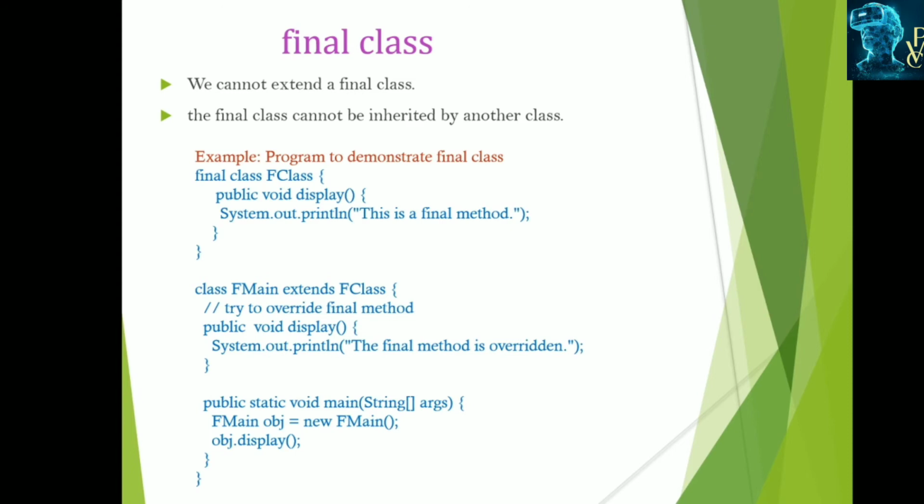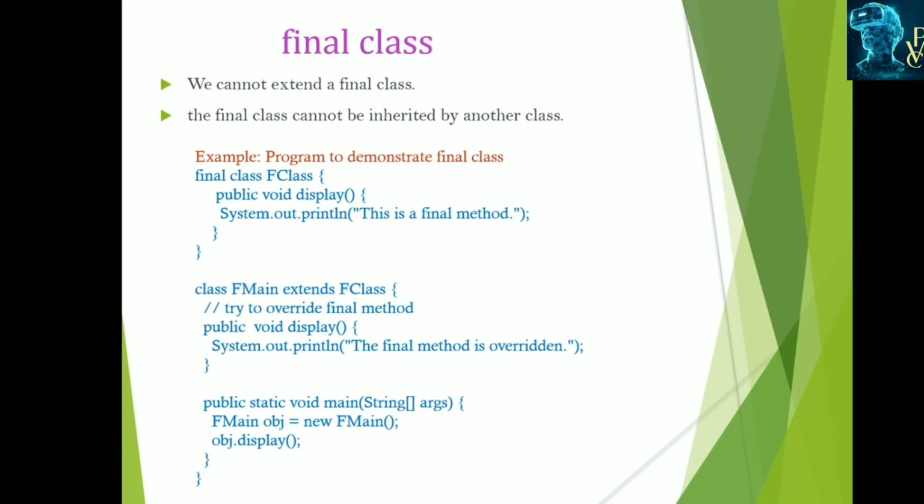How can we create the child classes? By the inheritance property, which is used with the help of the extends keyword. When we declare a class as a final class, that class cannot be extended, which means it cannot be used as the parent class.